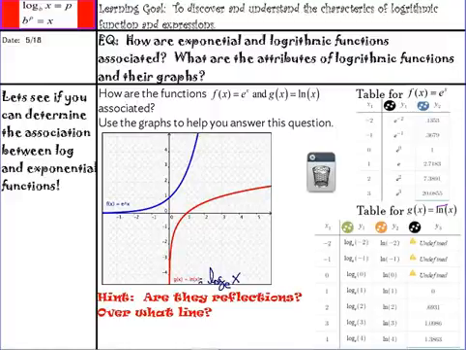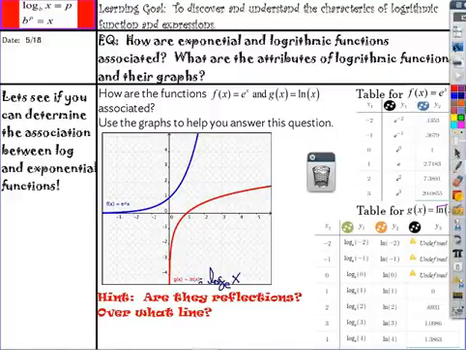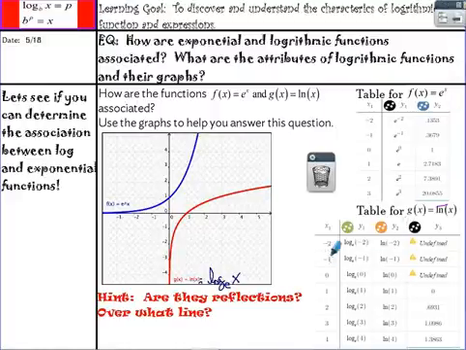Notice that for values -2, -1, and 0, the natural log of x is undefined. Okay, meaning you can't take the natural log of -2 or -1 or 0, which should tell you something about the domain of the natural log of x. Which we'll actually look at on the next slide.